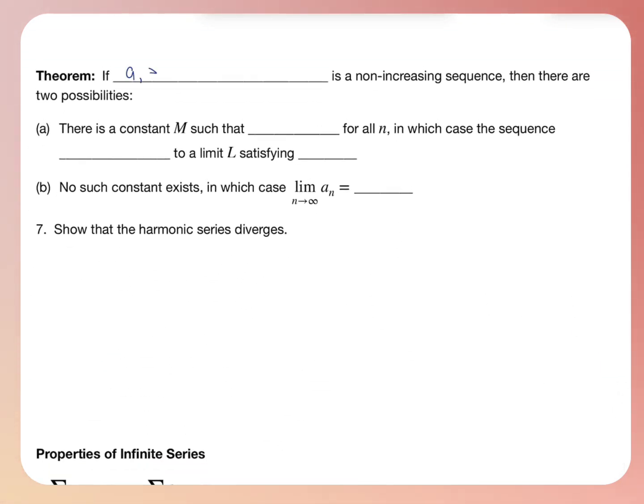Or if a sub 1 is greater than or equal to a sub 2, which is greater than or equal to a sub 3, which is another way of saying a non-increasing sequence, it has two possibilities. It could have a lower bound, where there exists a constant m such that a sub n is greater than or equal to m for all n, in which case the sequence converges to a limit L, satisfying that the limit L is greater than or equal to m, because this is a lower bound.